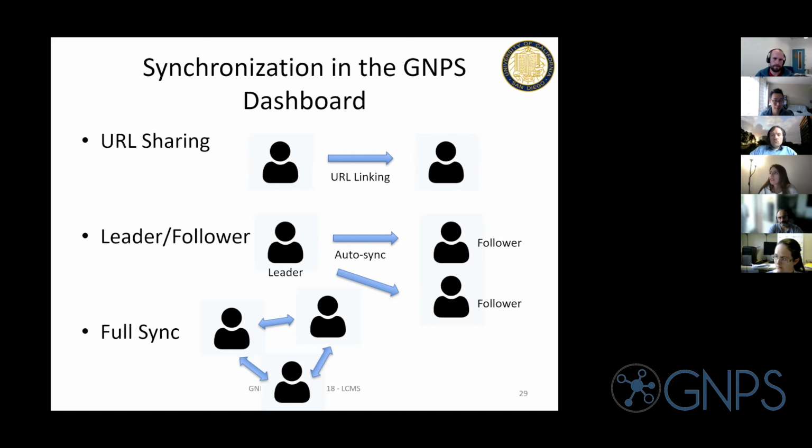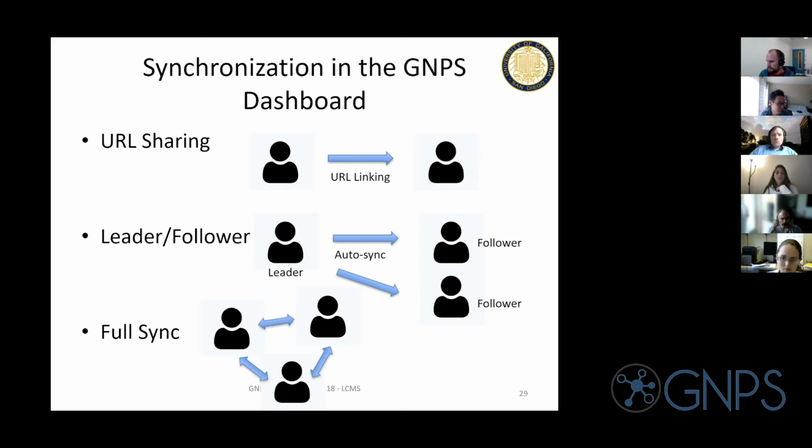Or you can share with social media. That's something that we've done whenever papers are published. And that's the very first thing. This is an overview. This first model is asynchronous. I send you a link, and you can look at it at your own leisure.